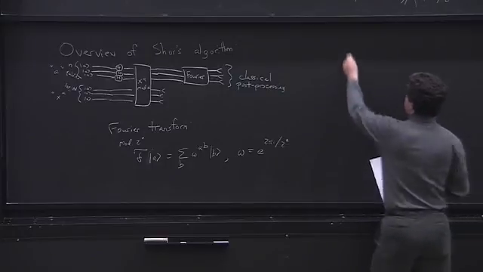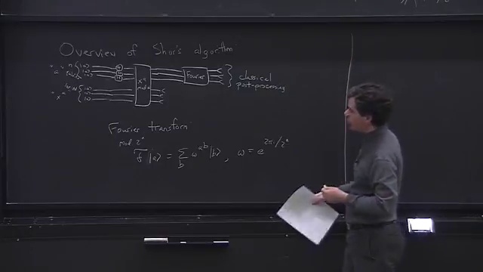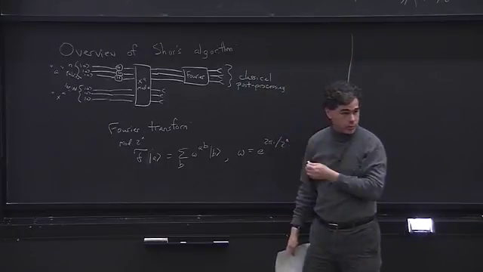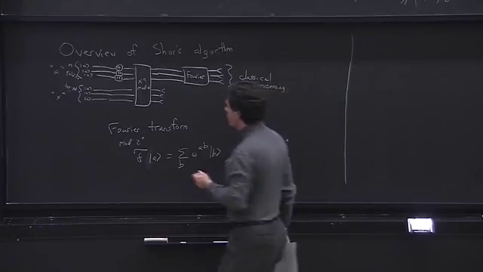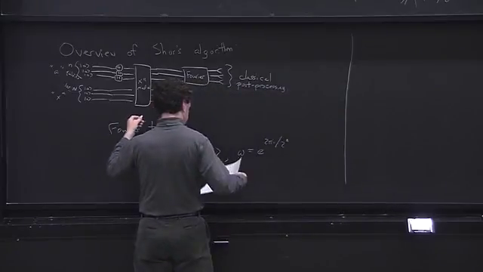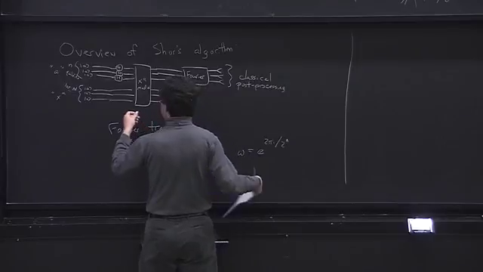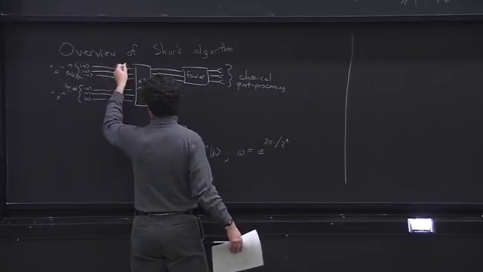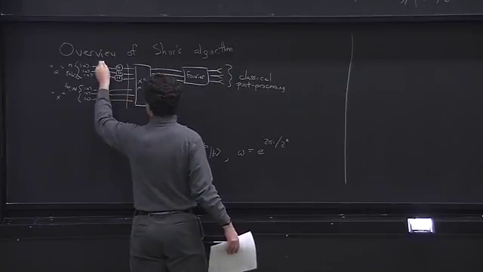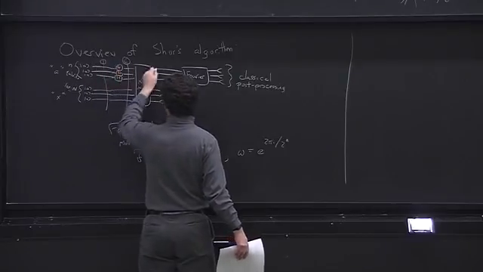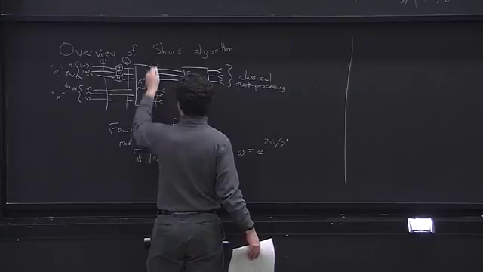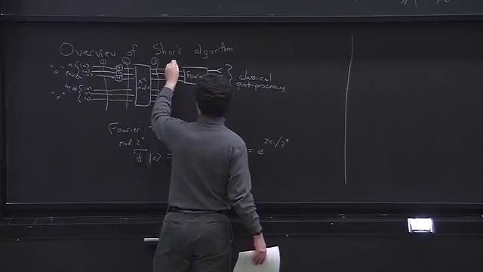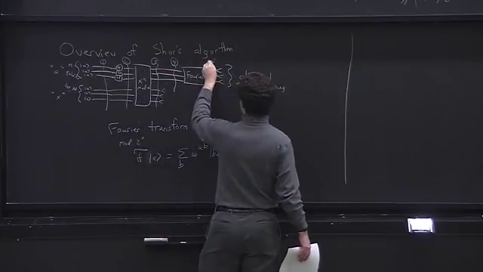And so let's go through, as we did for Deutsch's algorithm, and try to understand what's happening to the state at each of these steps. Step 1, step 2, step 3, step 4, step 5.